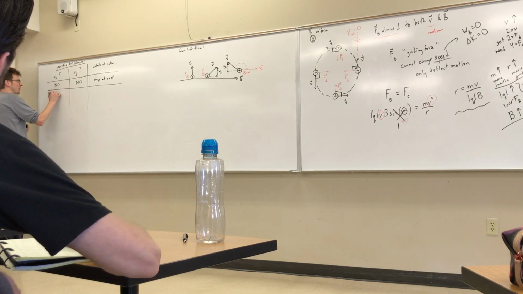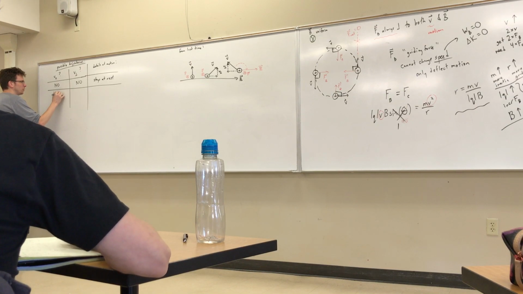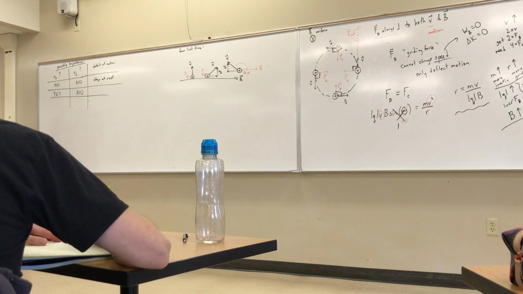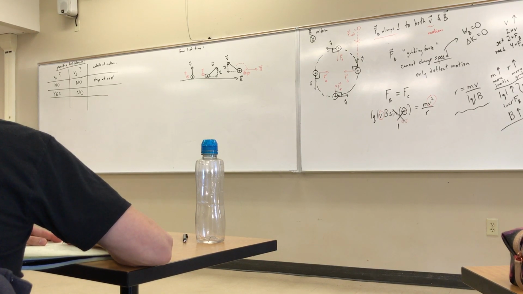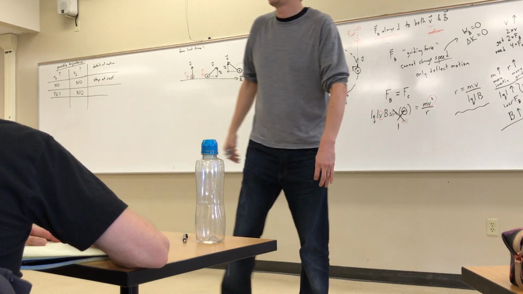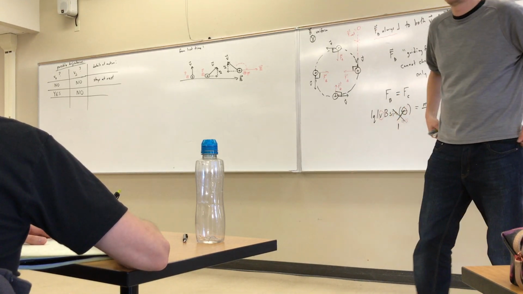How about if we have a V parallel, but no V perpendicular? So that means that it does move, but it moves either with or against the field line. And what is this subsequent trajectory going to look like? We talked about this last time as well.